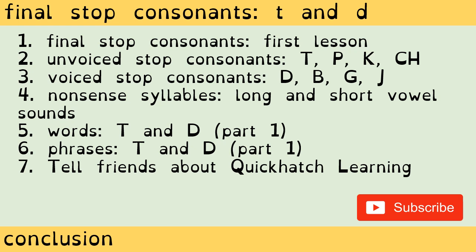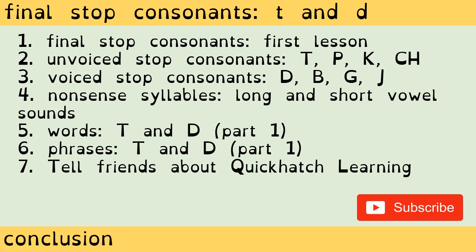5. T and D, Part 1. Today we practiced final consonants T and D. This is Part 1. Part 2 will focus on vowel pairs with final consonants T and D. 6.